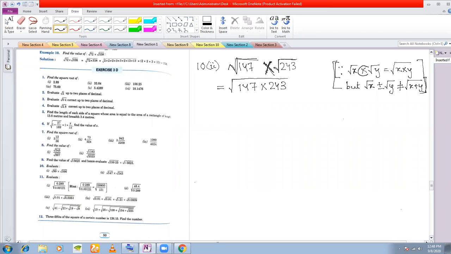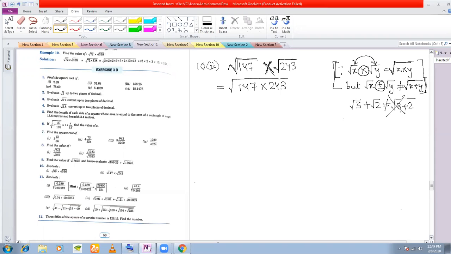When there is a multiplication sign between two square roots, you can convert it to a single square root. But when there's a plus or a minus sign in between, you will not be able to write this as root of x plus y. For example, suppose I have root 3 plus root 2. Then I cannot write this as root of 3 plus 2.